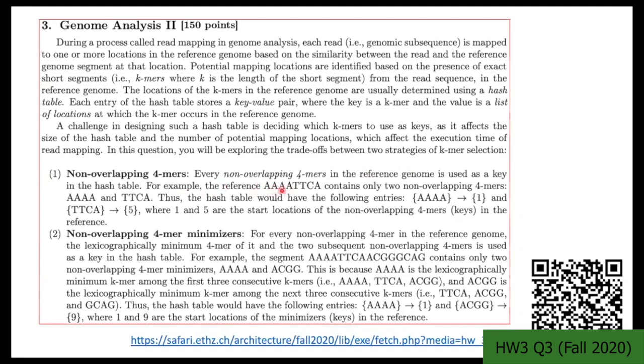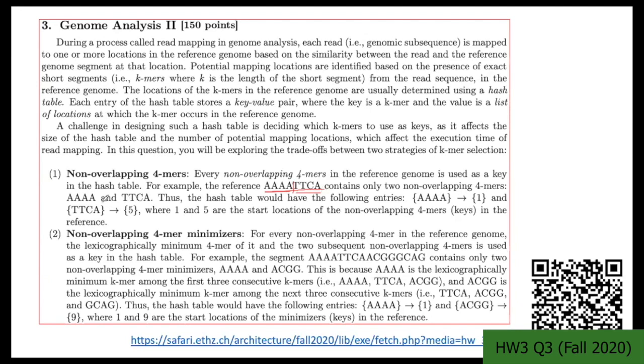For example, here is an example so that it's clear. This is the reference genome, and this example contains only 2 non-overlapping 4-mers. Why is that? Because if you check here, we have 8 characters. So if we extract only the non-overlapping k-mers, then we have this first k-mer and this second k-mer, each of length 4 characters.